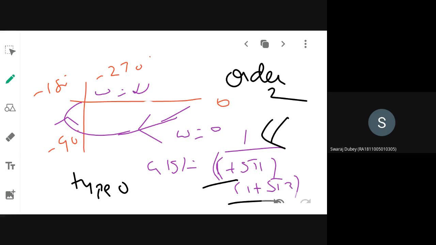Order is 2, two s factors are there. Ma'am, from the equation I cannot find out. How can you not find out from the equation? You have studied this concept in the second unit itself. Then what's your doubt? If you multiply 1 plus sT1 and 1 plus sT2, what will be the highest order of s in the denominator polynomial? Square. Then what is the order? 2. Yes, ma'am. Okay.